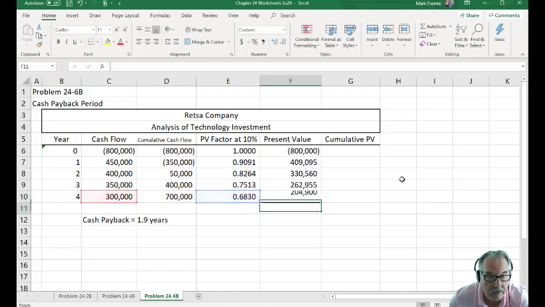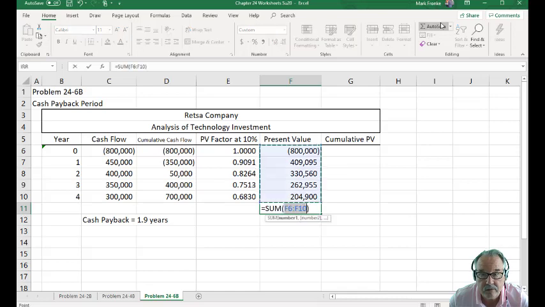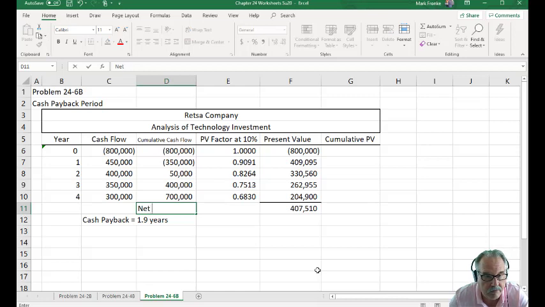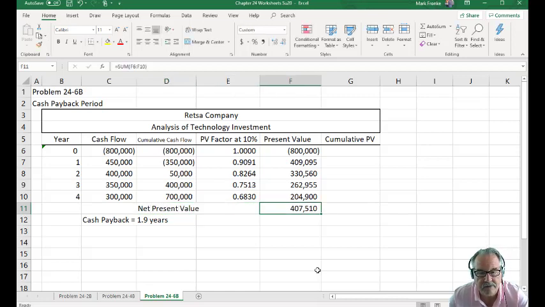Virtually it's the same way we calculated in the other problems. Just kind of formatted it a little differently. $407,510, that means that the internal rate of return must be way more than 10% because we have a very big net present value.